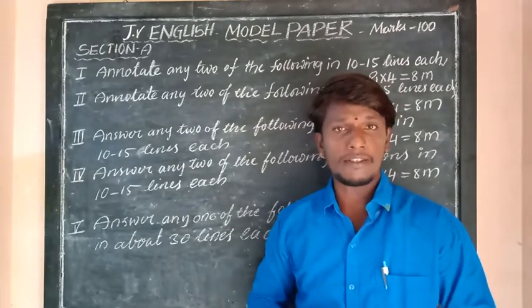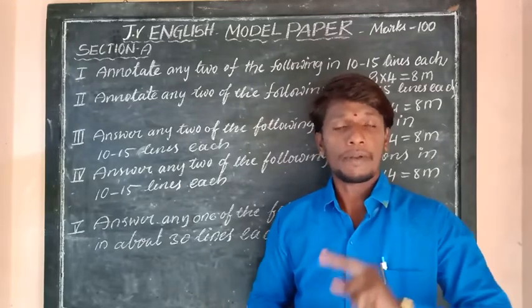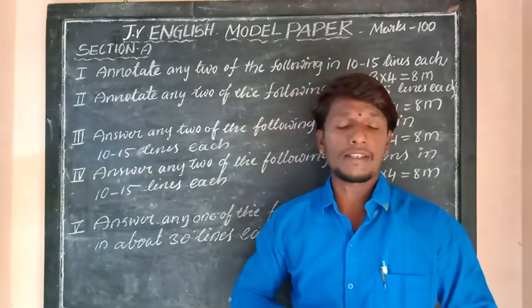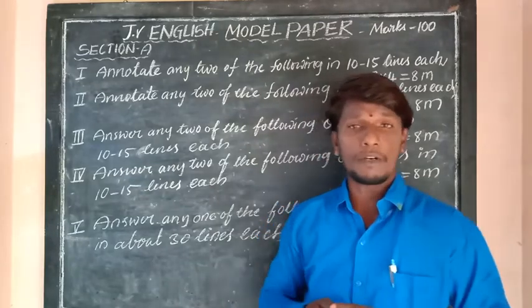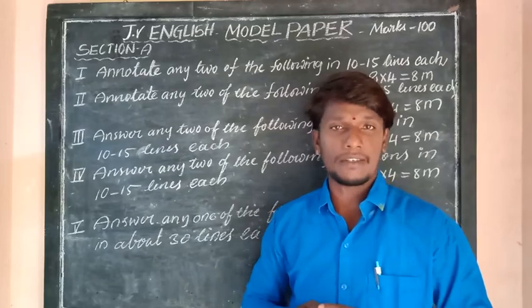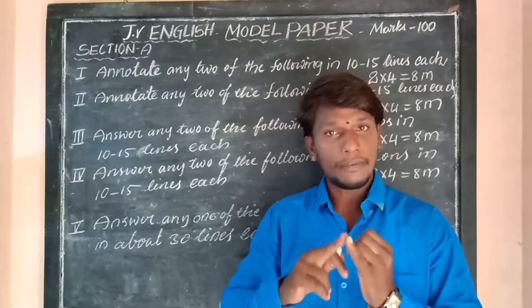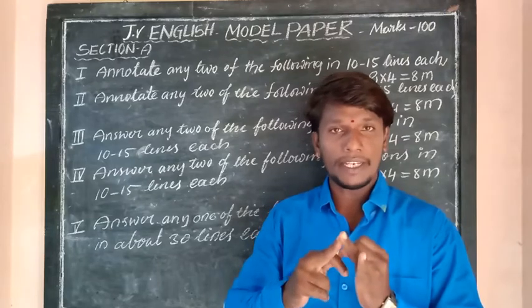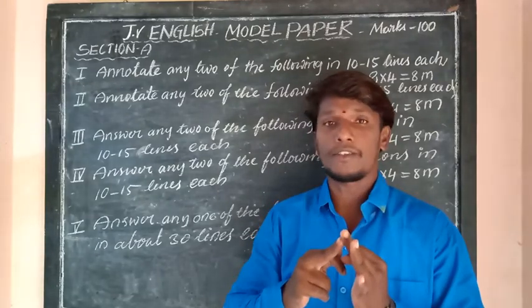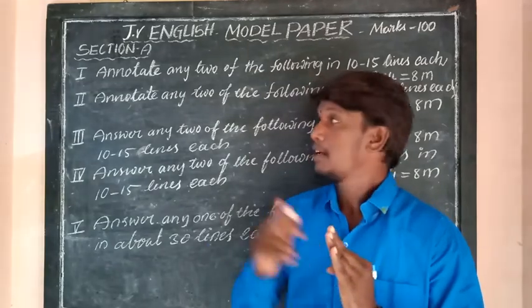Out of 5 lessons you will be asked 2 lines and you need to identify from which lesson the 2 lines are given, what is the name of the lesson, and from which context these lines are given. The very first one is reference, the second one is context and finally the third one is explanation. So these 3 things are called annotations.